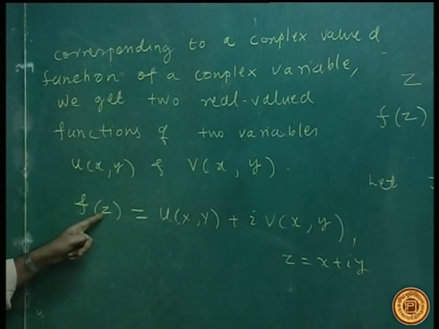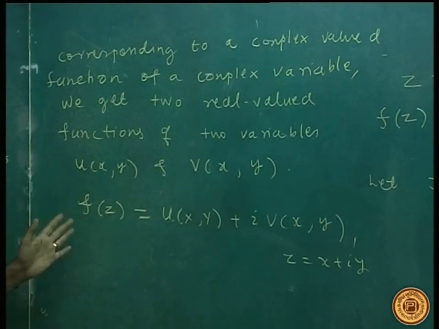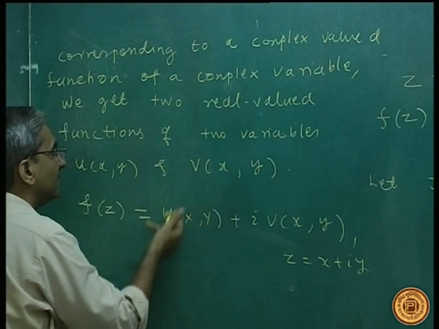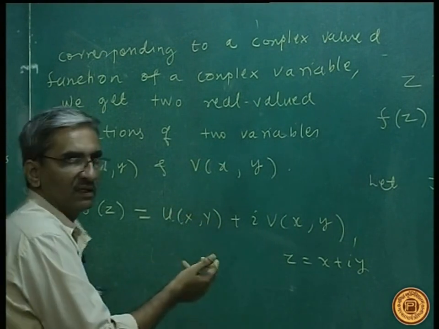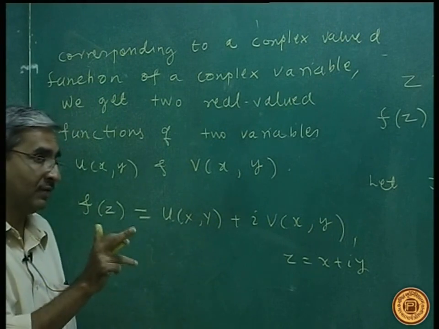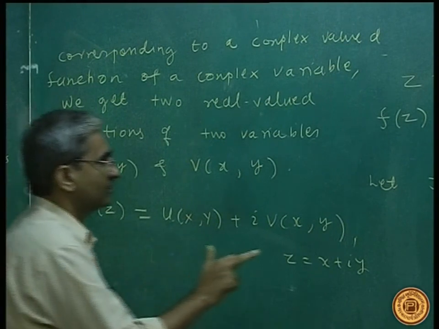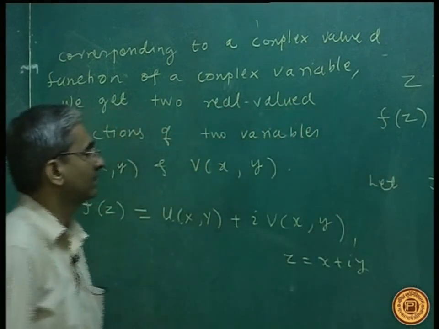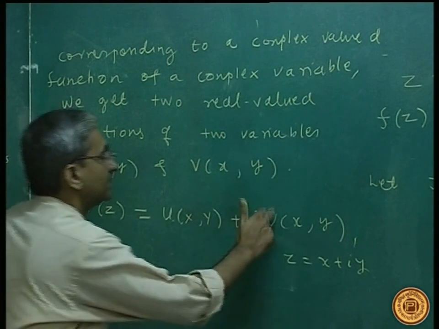So this is a function of two variables. Last year you have learned functions of several variables. So you have learned functions of this type, a real valued function of two variables x and y, and 2xy.